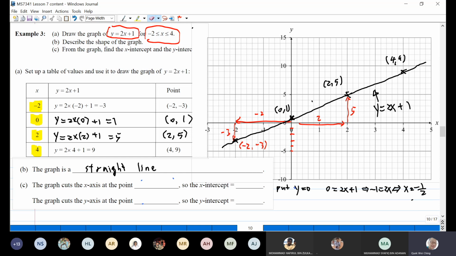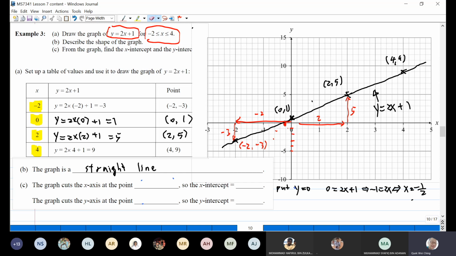So if the graph cuts at this point, you can see the graph here. This point is actually y equals 0, x equals -0.5.